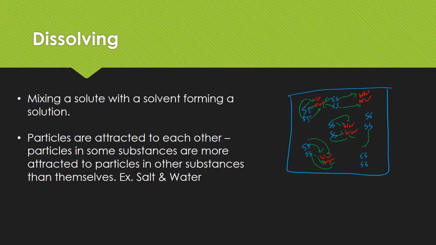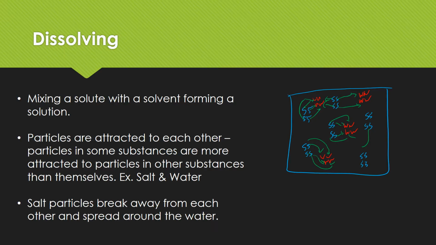This would also explain when things don't dissolve. For example, here again, the salt particles broke away from one another and spread around those water particles because they're more attracted. But some particles aren't attracted. For example, when we mixed the flour in the water, this is our flour particles, and we had our water particles, the flour really wasn't interested.